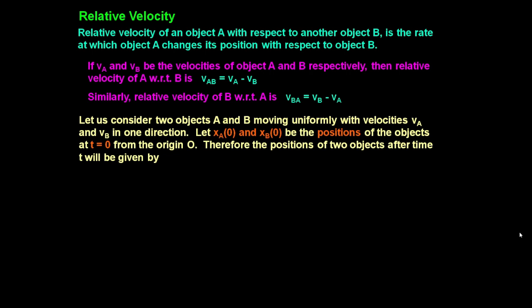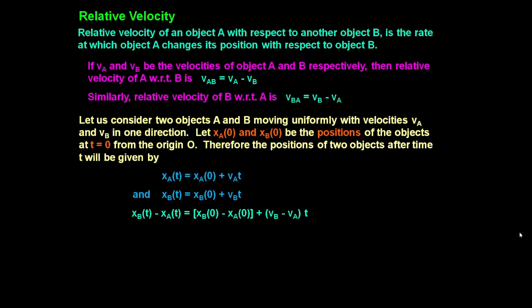Let us consider two objects A and B moving uniformly with velocities VA and VB in one direction, having positions xa and xb at time t from the origin. Then the positions after time t become xa of t as xa plus vat, and xb of t as xb plus vbt.